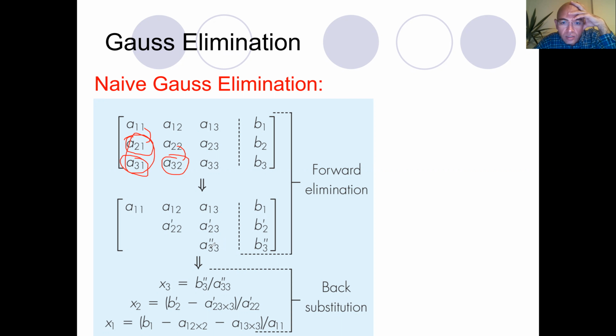Now the next thing is to find the values. So I can easily find x3. x3 is equal to b3 prime prime divided by a33 prime prime. Now that I have found this expression, I will substitute it into the second equation. So I know the value of the x3 now.